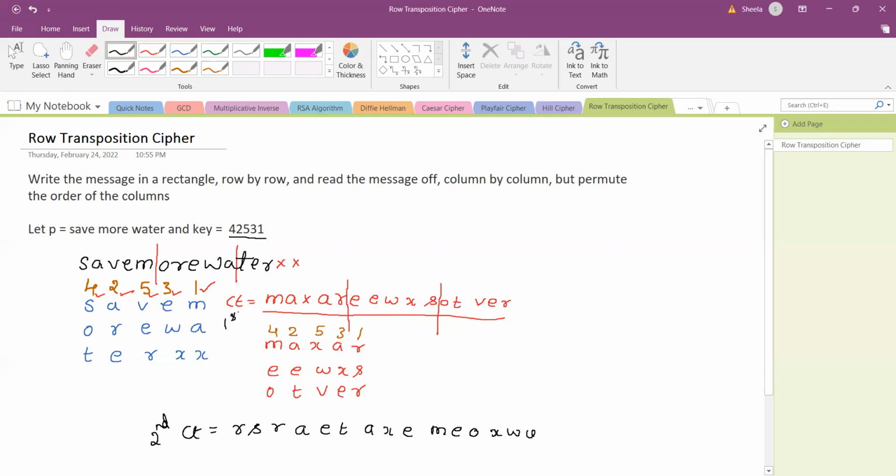This one is the first round, and this one is the second round ciphertext.